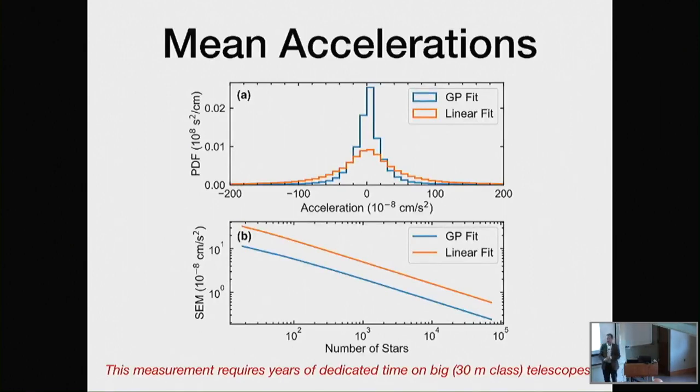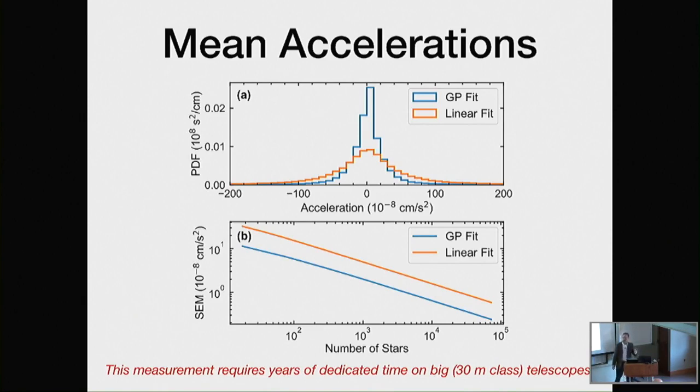We want to be at 10 to the minus 8 centimeters per second squared. And we find that if we have about 1,000 stars with a 30-meter telescope that will let us sample a few kiloparsecs, which is farther away than anyone has done exoplanet radial velocity work before, we can do it.